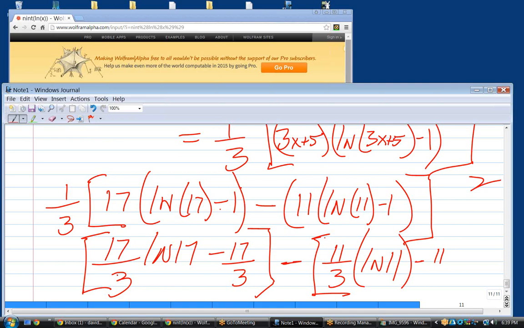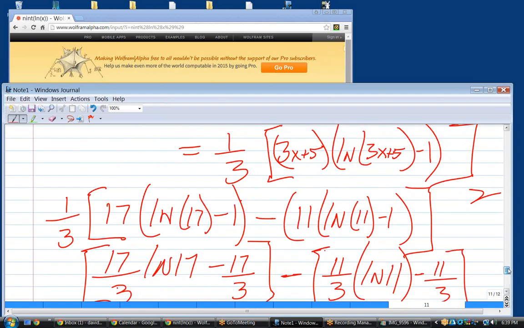No, because it was 17 times the minus 1 times the 1/3. So that minus 17/3 is correct. And then 11, that's also correct there. Wait, wouldn't the natural log also be divided by a 3? Oh, wait, no, I see it now. I'm leaving the 1/3 out just to make it a little simpler at this point.